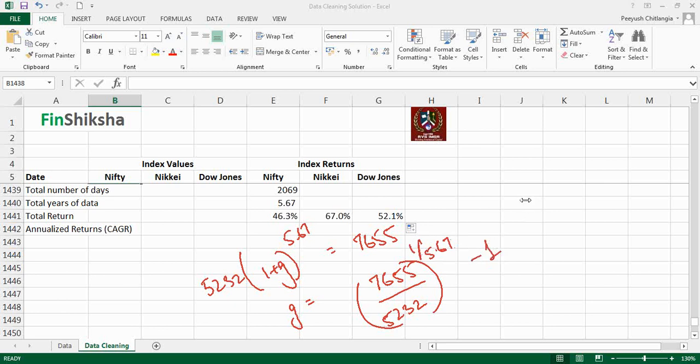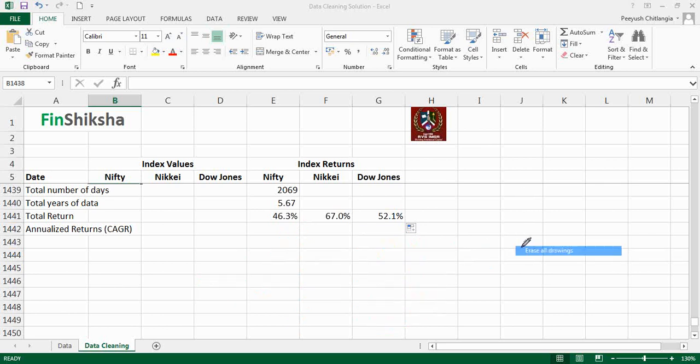Get the point? Let's do this again so that it's clearer for everyone. We look at 5232 into 1 plus whatever is the CAGR raised to the power 5.67 years. That's what we get here, is equal to 7655.